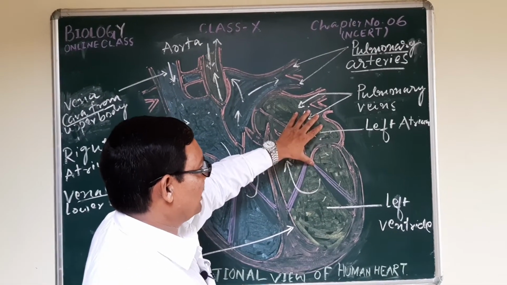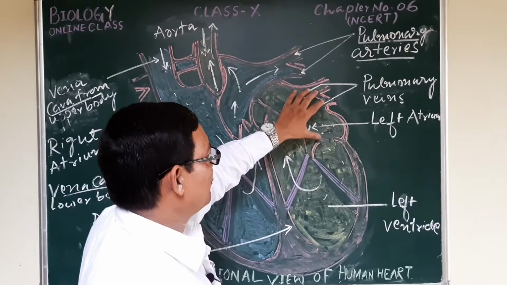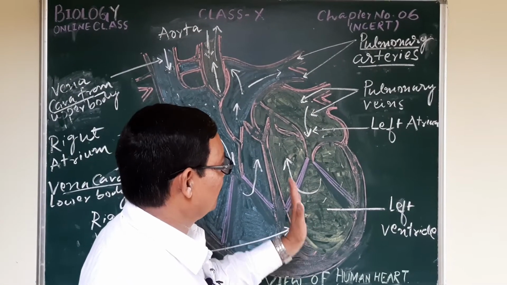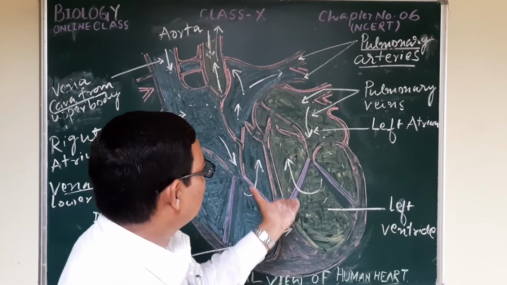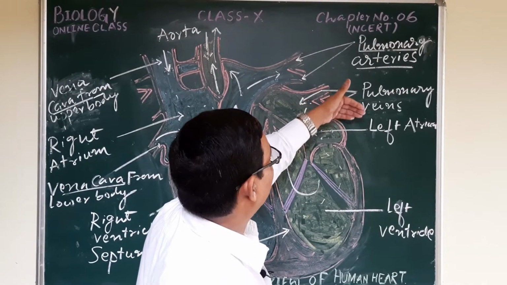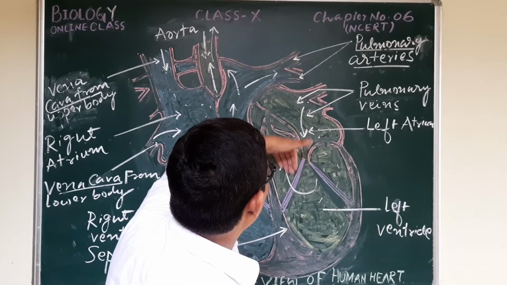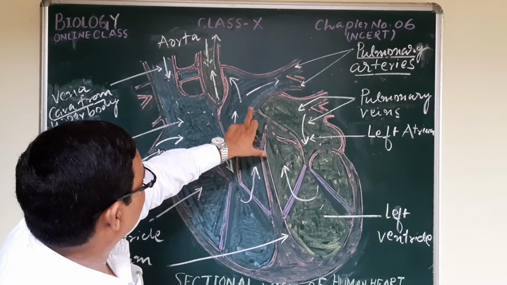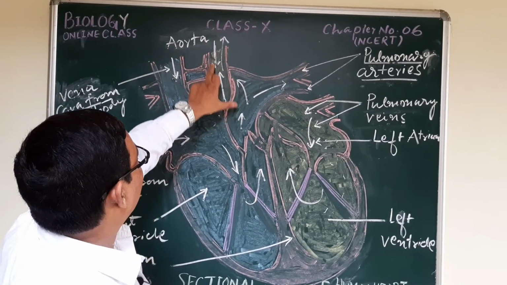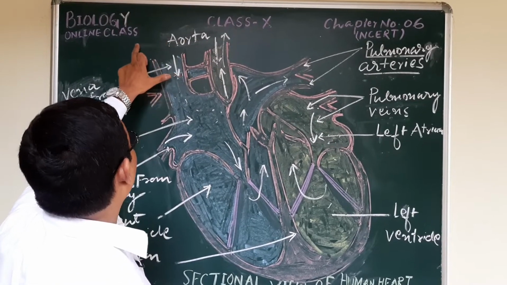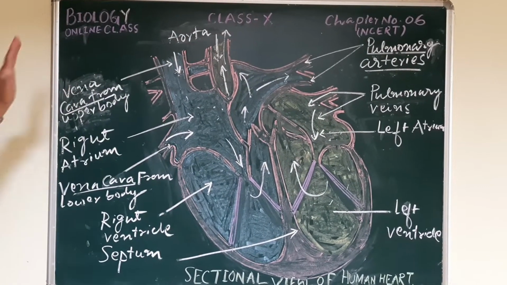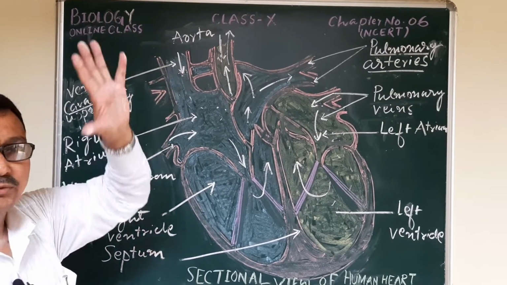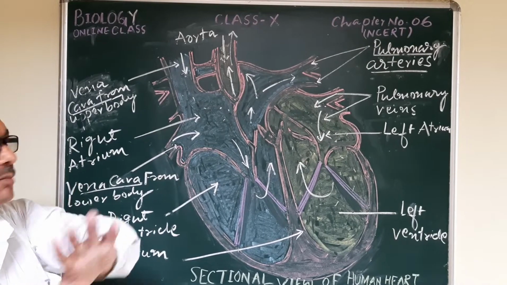Now by contraction and expansion, blood flows from one chamber to another, and from the left ventricle, look here, this yellow side, it will go to the aorta, and from the aorta it will be distributed to all the different body parts or the body cells.